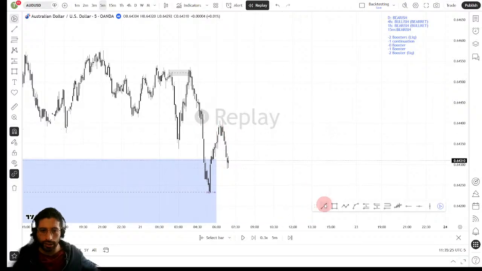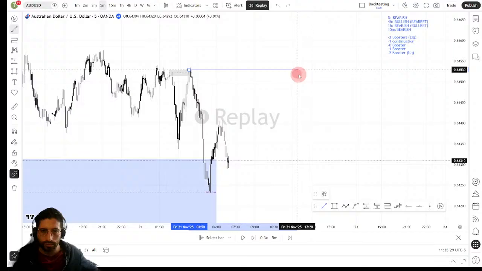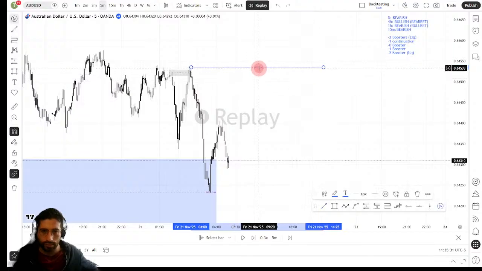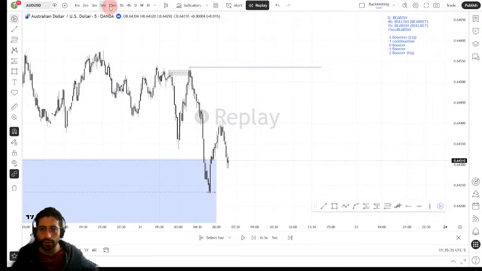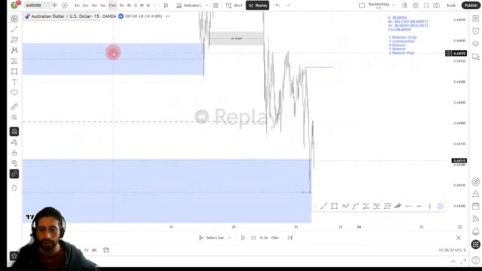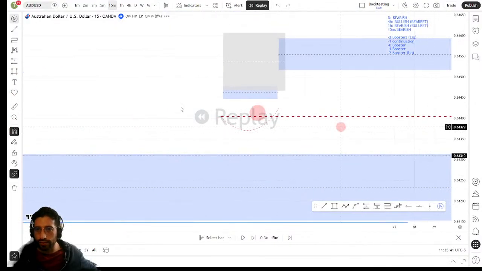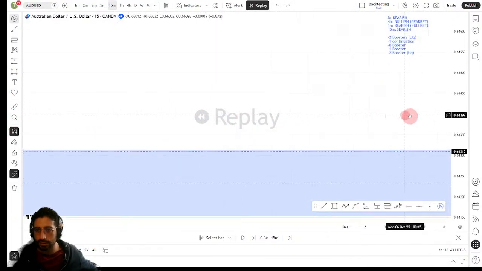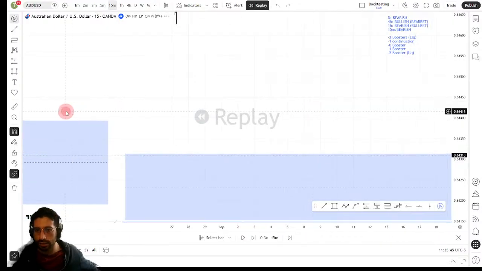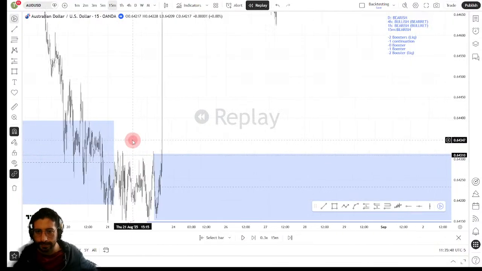A breakage, and now we need a breakage right here of this BOS. I don't know if in 15 minutes we have this mitigated. Let me check one thing. I don't know if this is too far from the price, which I consider. Oh, well, no.